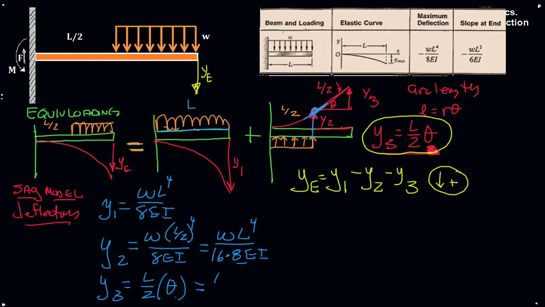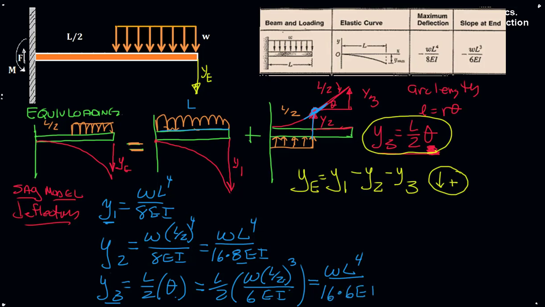From here we'll get L on 2 times W L on 2 cubed, for the length of the short beam, over 6EI, which will be WL to the fourth, 8 times 2 will give us 16 EI. And with that, we have all three of our values.